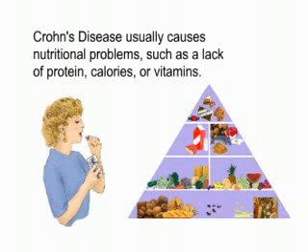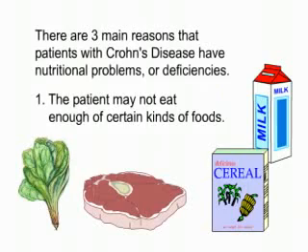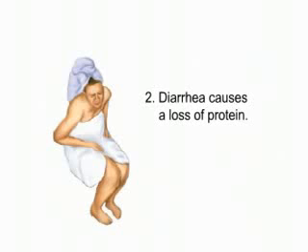Crohn's disease usually causes nutritional problems, such as a lack of protein, calories, or vitamins. There are 3 main reasons that patients with Crohn's disease have nutritional problems or deficiencies. 1. The patient may not eat enough of certain kinds of foods. 2.